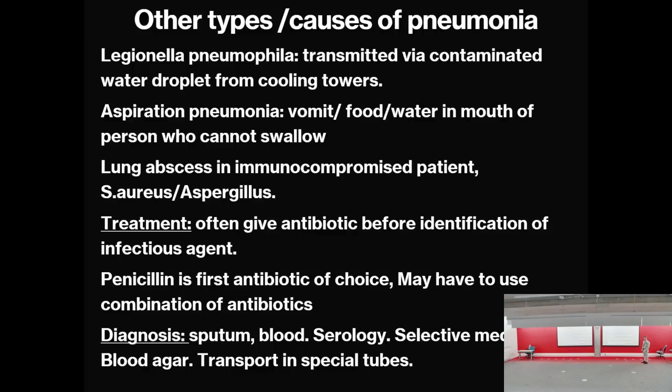There's serology as well, so you can see if certain endotoxins are elevated within the bloodstream as a consequence, and you might choose your combination of antibiotics based on that as well.